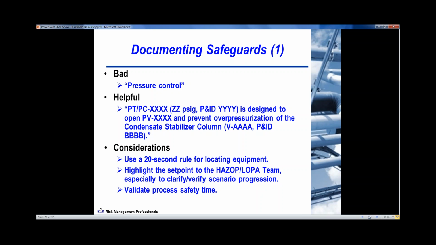HAZOP and LOPA. Also identify, in this case, a control point. It makes the team think about the progression of the event, and the facilitator is responsible for reminding them, hey, is the safeguard effective?